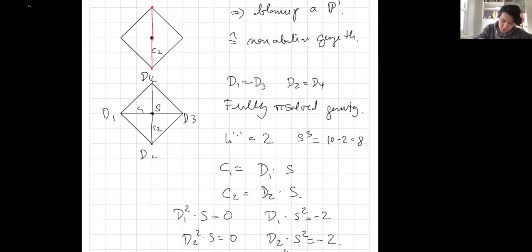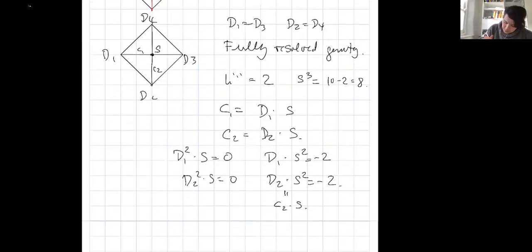If I introduce this curve C2, this would correspond to saying that the curve is the collapsed version of this divisor S, where it collapsed the ruling.